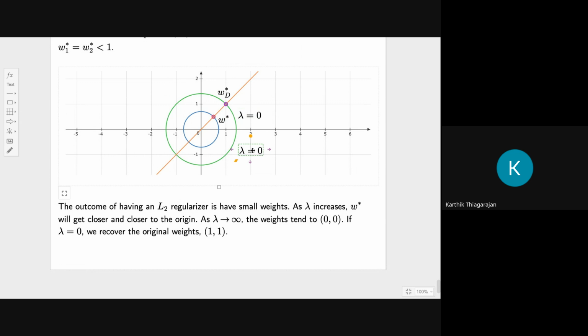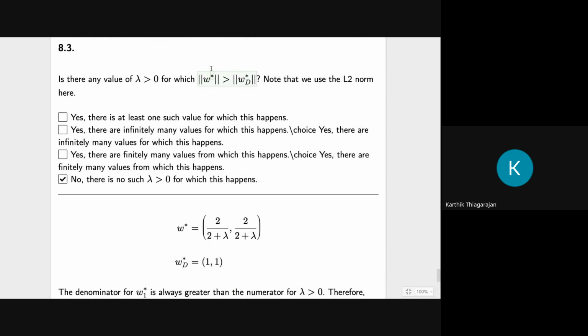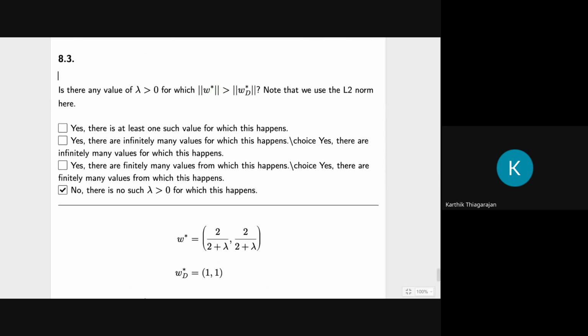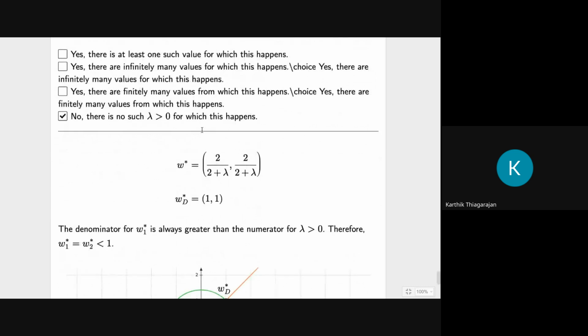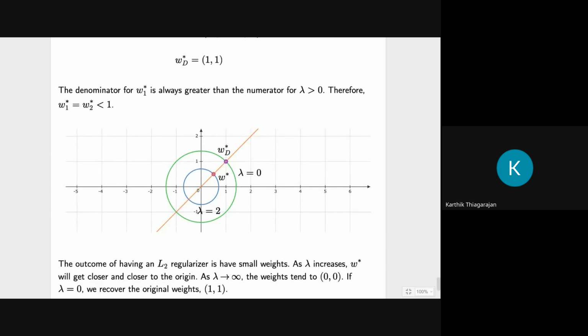As lambda increases, this is maybe lambda equal to 2, and this circle becomes smaller and smaller. So this W star can never be bigger than WD star. This question had something to take away, which is a concrete visualization of the effect L2 regularization has on the weight vector.